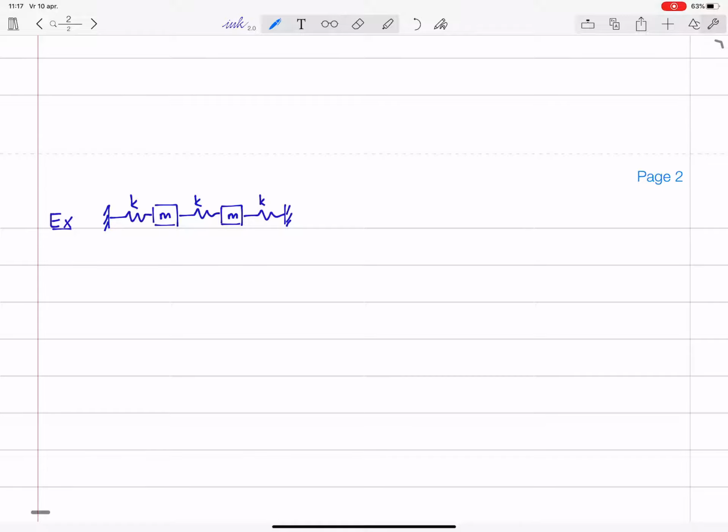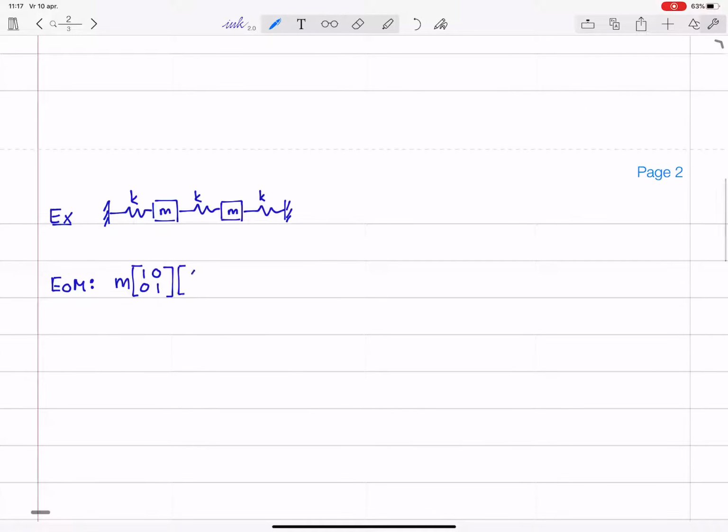We have derived the equation of motion before. The mass matrix was 1, 0, 0, 1, times the vector of accelerations, plus the stiffness matrix, which was 2, minus 1, minus 1, 2, times displacements x1 and x2, like this.